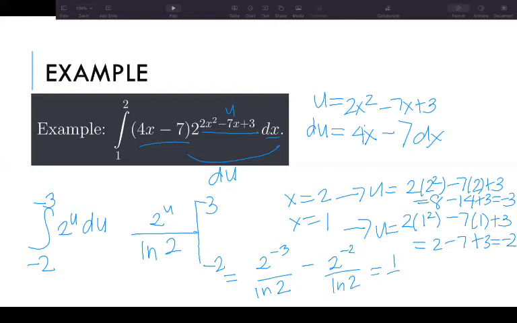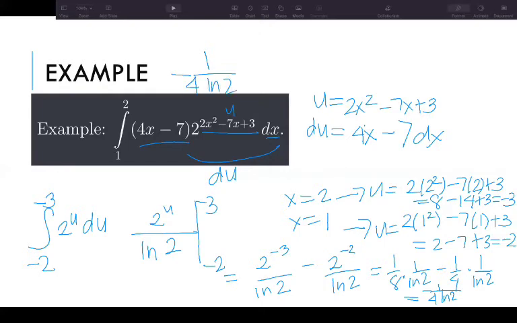This is 1 over 8 times 1 over ln 2 minus 1/4 times 1 over ln 2, which is 1/8 minus 1/4, negative 1/8 over ln 2. We put it in the denominator as well, since both of them are denominator and its multiplication. So the final answer for this problem is negative 1 over 4 ln 2.